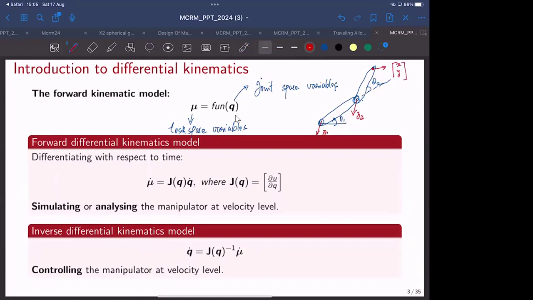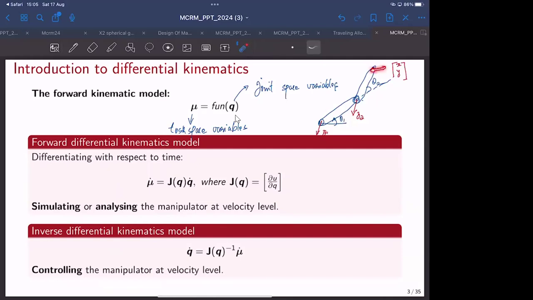So in any typical robot, the joint space variables would be variables like theta1 and theta2, the rotation angles of revolute joints, or the slider distance of prismatic joints. These variables fully define the configuration of a robot manipulator.